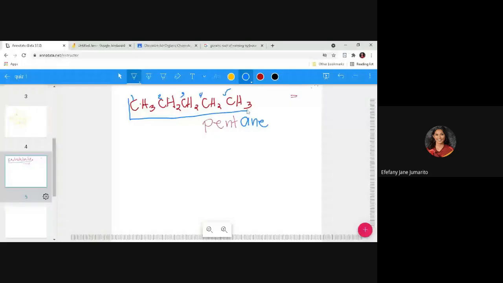Alkane. Okay, when we have an alkane, so we write it as ane. Ane. So class, this one is our pentane. Okay? Okay. So please check. So naka-check mo tanan.